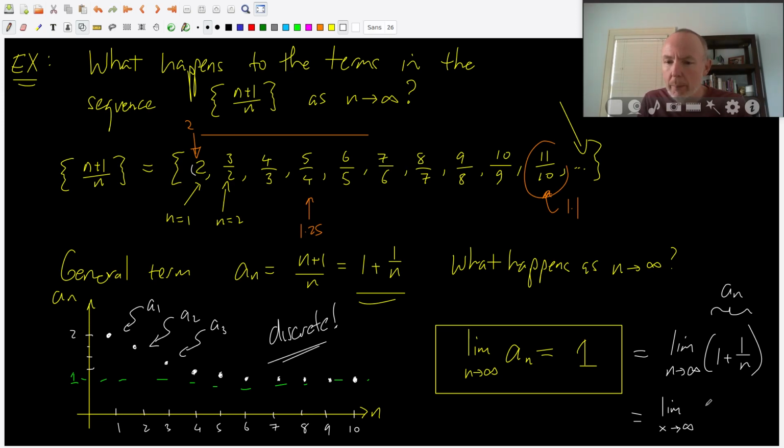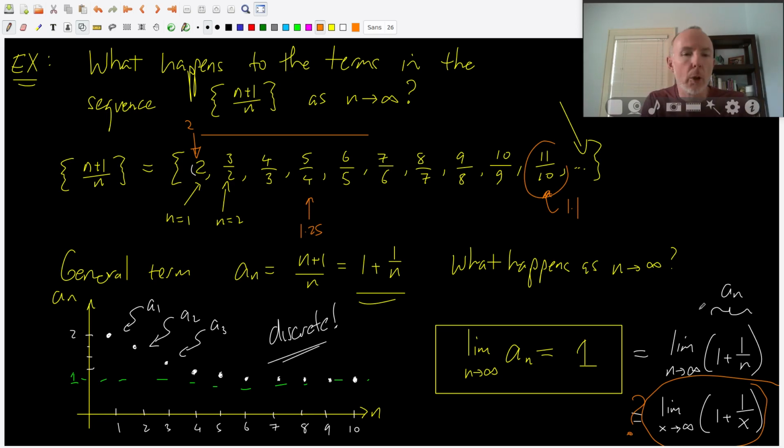Do we think that's going to be the same limit, or even from L'Hopital's and things in this course? So do we think these are equal? Right, this is something we know how to take the limit of. This is the limit of a continuous function. When I use x, I'm thinking about a continuous function, 1 plus 1 over x on x bigger than 0. I know how to take that limit. It makes sense that the limit for these discrete values is going to be the same.